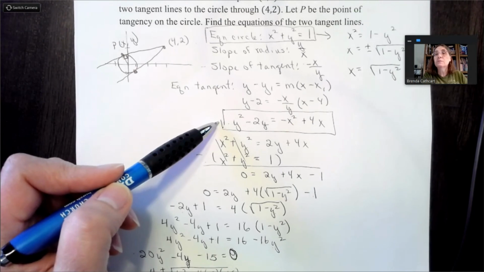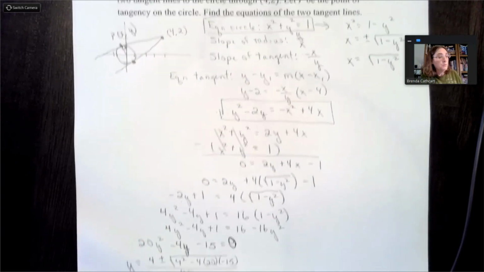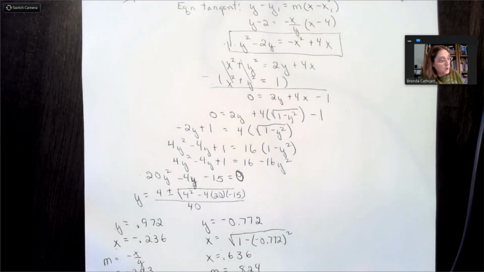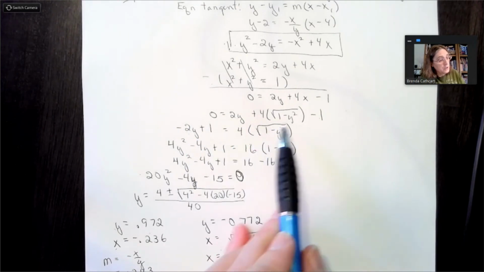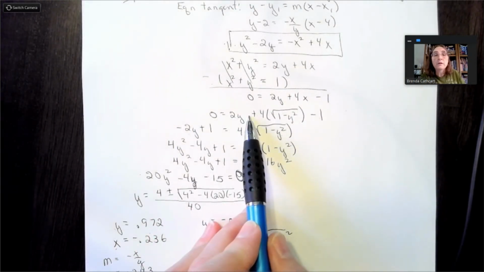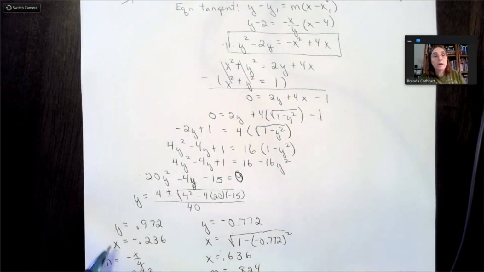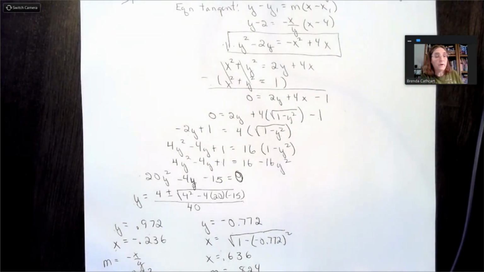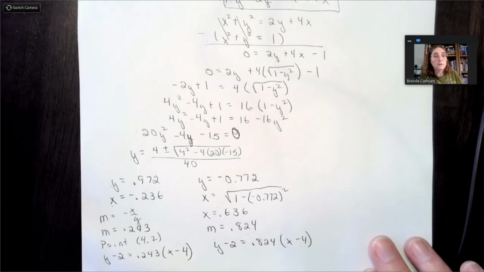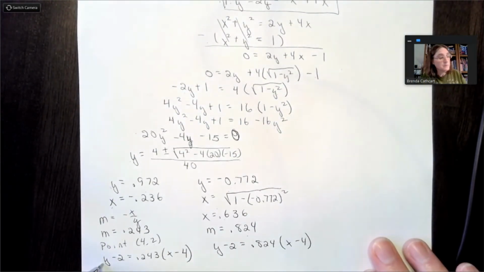Then we had a system of equations that we needed to solve, and we used a combination of elimination and substitution to do that. When we eliminated one of the variables, we had an equation in y. It was a radical equation, so we had to solve that radical equation using the quadratic formula, and then we went back, substituted back, found our values for x after finding y, and finally used our original point (4, 2) to write the equation of the tangent line.